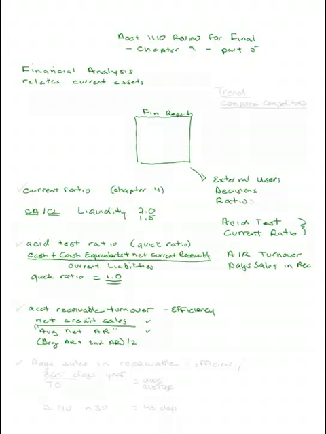One more to go. Days sales in receivables. This one's also like what we did with inventory. Instead of using the inventory turnover ratio, we use the accounts receivable turnover ratio. The formula is to take 365 days in a year, and it is 365, not 360, and divide that by the turnover you calculated above.